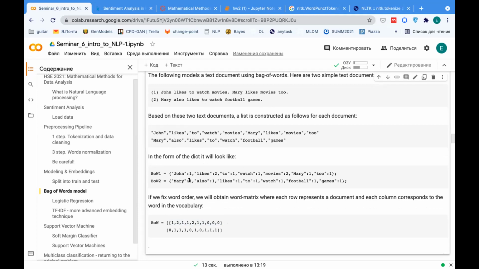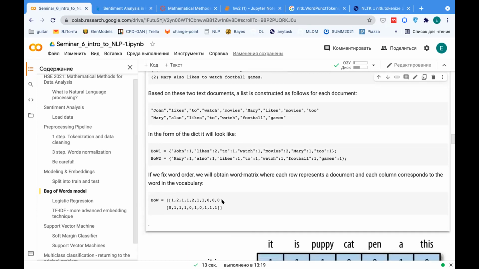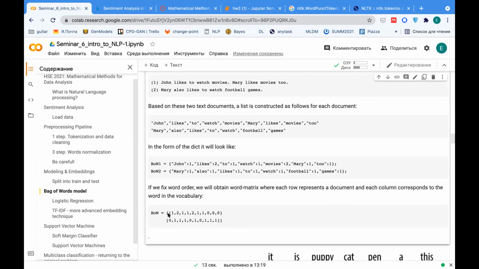Here we can see that none of the words repeat, and we have an encoding like this. We can see that there are some zeros here, and we don't have them here.